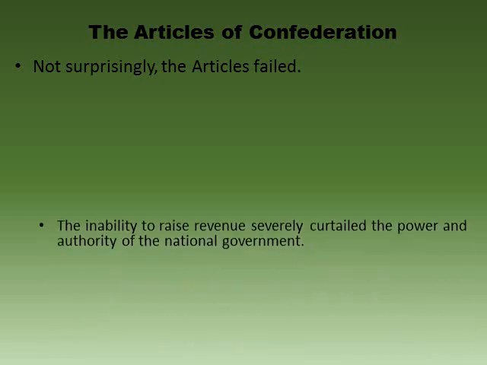Perhaps because it was so weak, it shouldn't come as a surprise, but the Articles of Confederation really failed. They didn't really do a good job of forming the government that the United States needed. The Articles kept going through the period of the war, and went for a few years after the war, but problems really started to crop up.